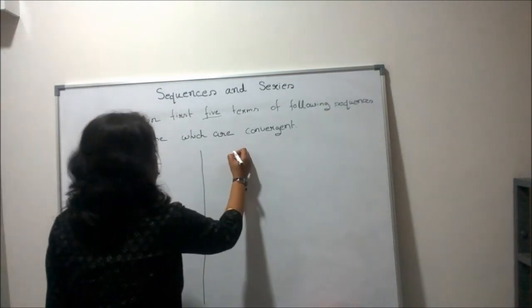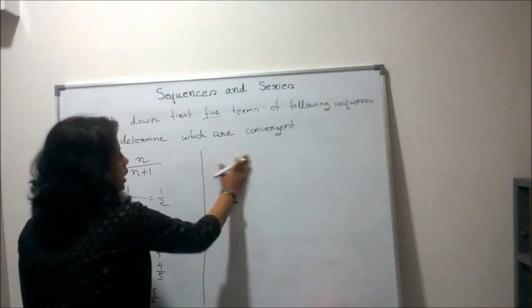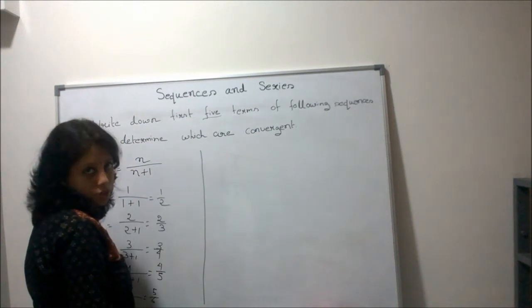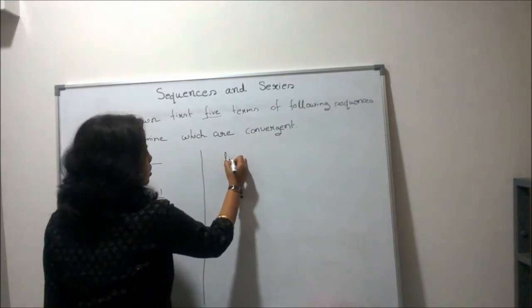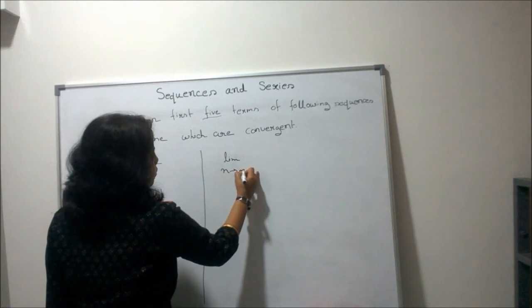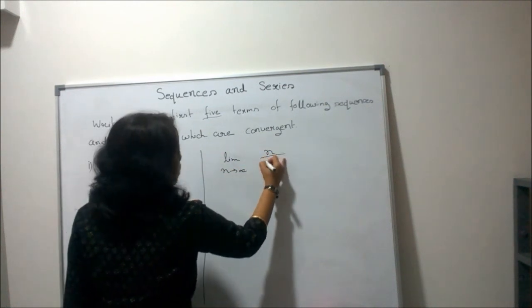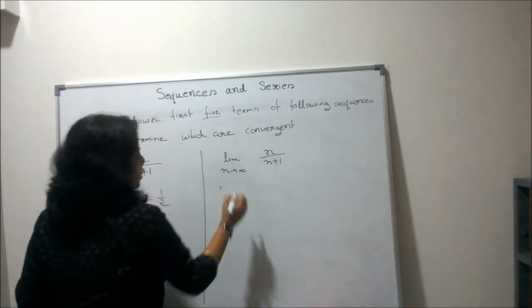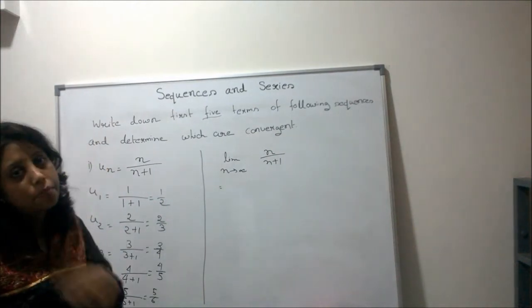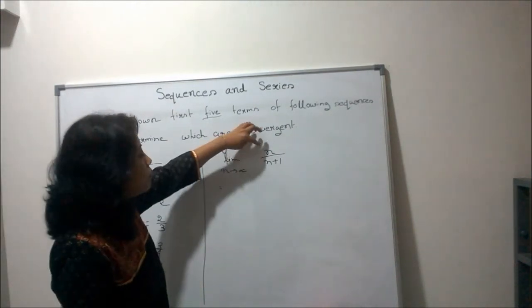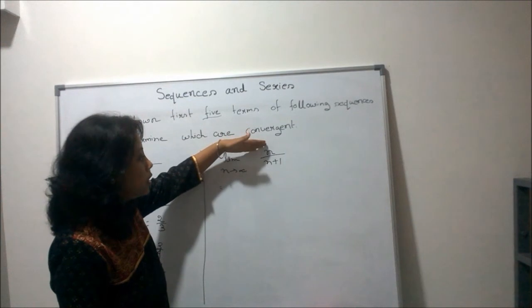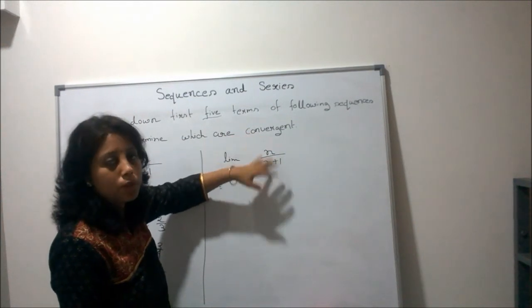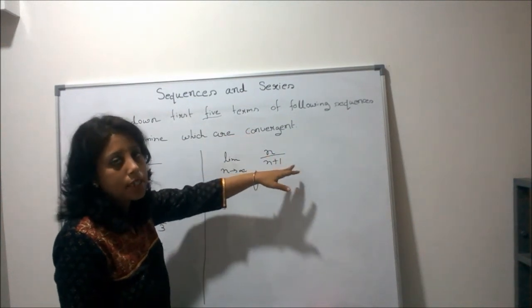So to check this, we will take limit n tends to infinity of un, that is limit n tends to infinity n by n plus 1. We can see this is also an indeterminate form, because if we put infinity in the numerator and denominator, both become infinity, that is indeterminate.